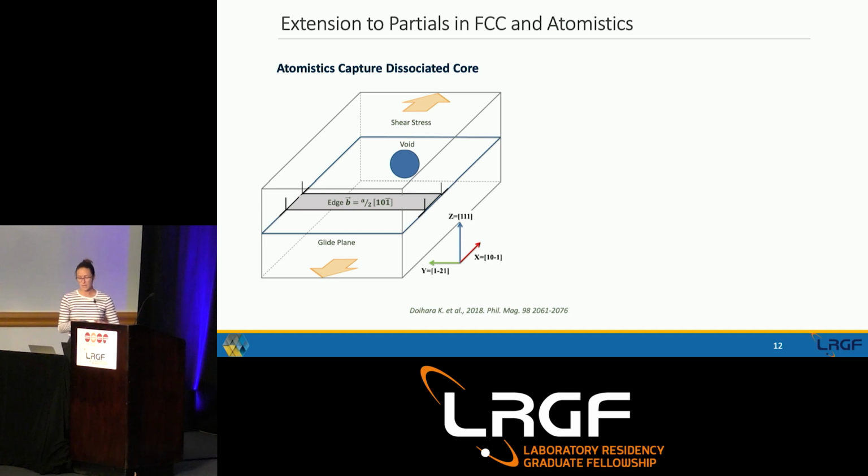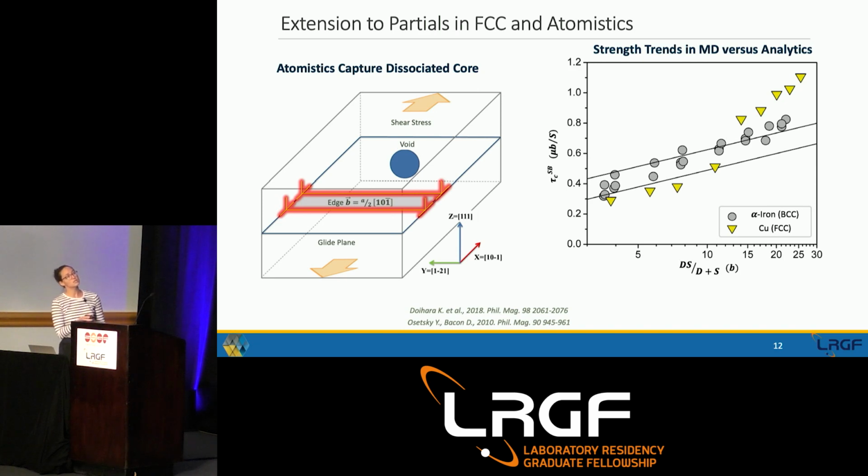And so now analytical models aren't well equipped to handle this change, so we move to something like atomistics, molecular dynamics in particular. So now we can see that we handle this dissociation explicitly in our model, and then we again shear towards our obstacle. What we can see is here's a case of looking at both a BCC, where there is no dissociation, and an FCC, where there is this dissociation, the stacking fault width.